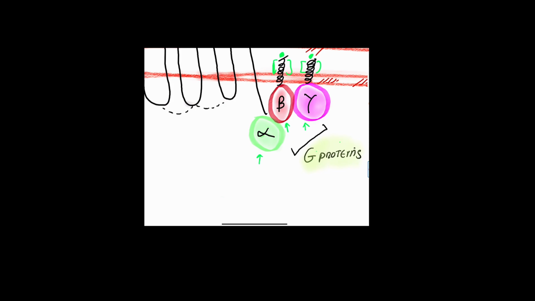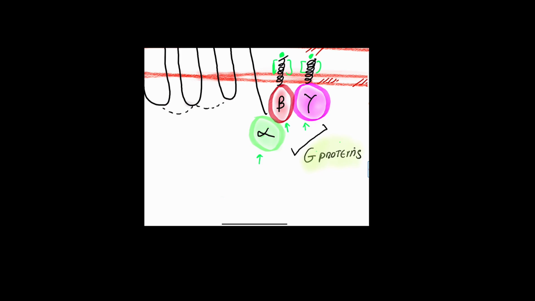So why are these referred to as G proteins? Well, because they use a type of energy very similar to ATP, but we call it GTP or GDP, which is guanosine triphosphate or guanosine diphosphate. These are very robust in all of the cells. All of the cells have a very high level of GTP and GDP, and it's because they are the energy for G proteins.